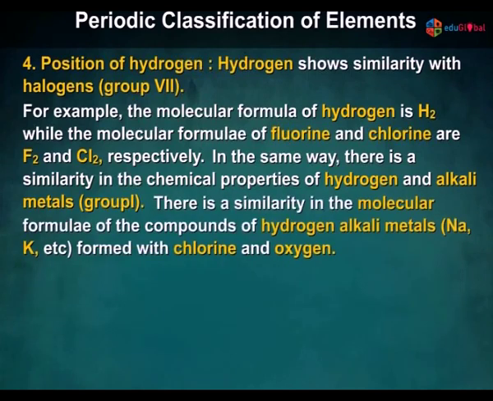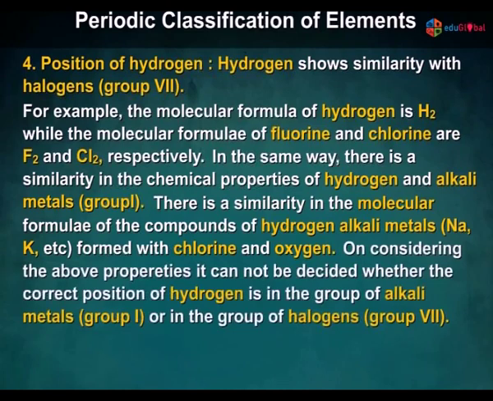There is a similarity in the molecular formulae of the compounds of hydrogen and alkali metals, Na, K, etc., formed with chlorine and oxygen. On considering the above properties, it cannot be decided whether the correct position of hydrogen is in the group of alkali metals, group 1, or in the group of halogens, group 7.